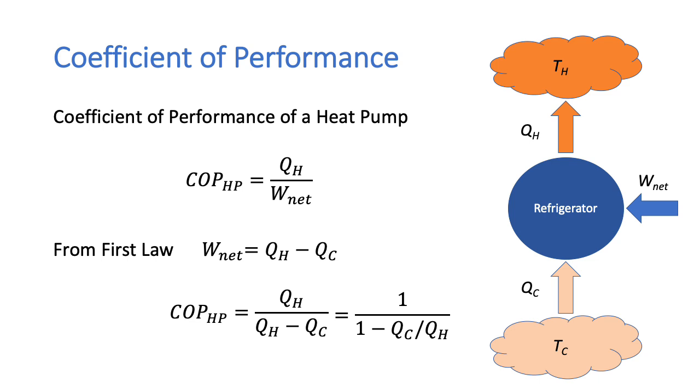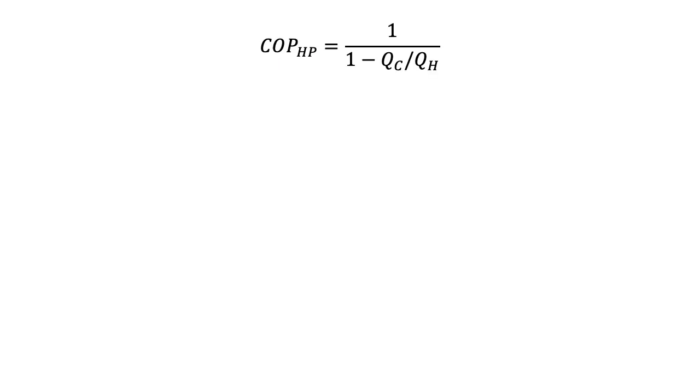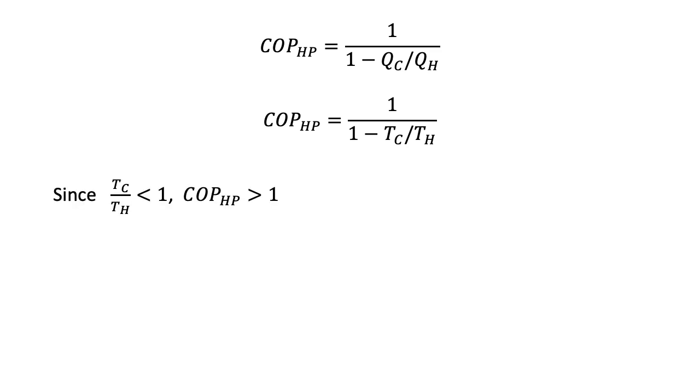And we can rewrite that as 1 upon 1 minus QC upon QH. Using our entropy balance, we know that TC upon TH is equal to QC upon QH, and therefore the coefficient of performance of the heat pump is equal to 1 upon 1 minus Tc upon Th.